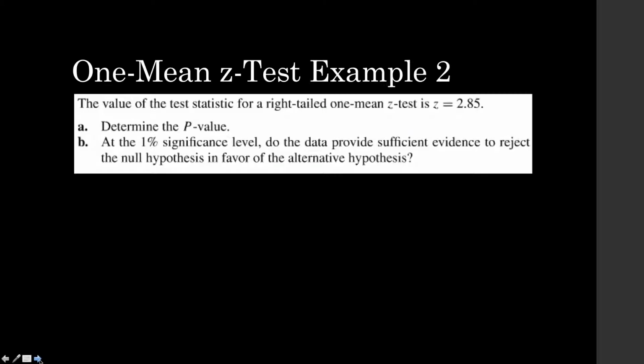Now this next one is right-tailed. So think about what that's telling us here. If you have a right-tailed test, 2.85, that means we're looking at the area to the right. Okay?